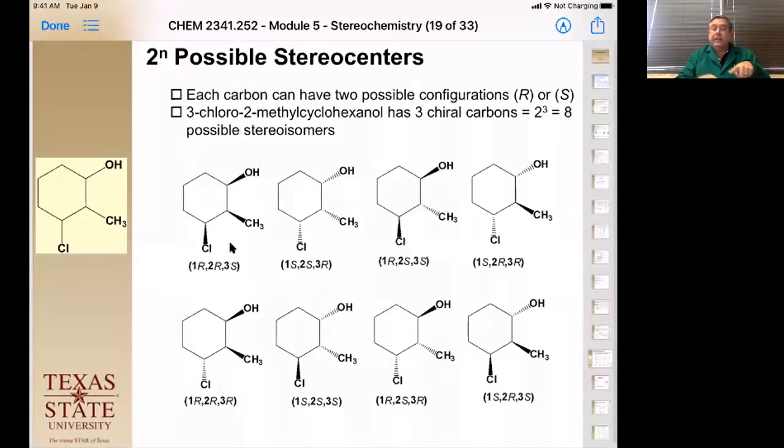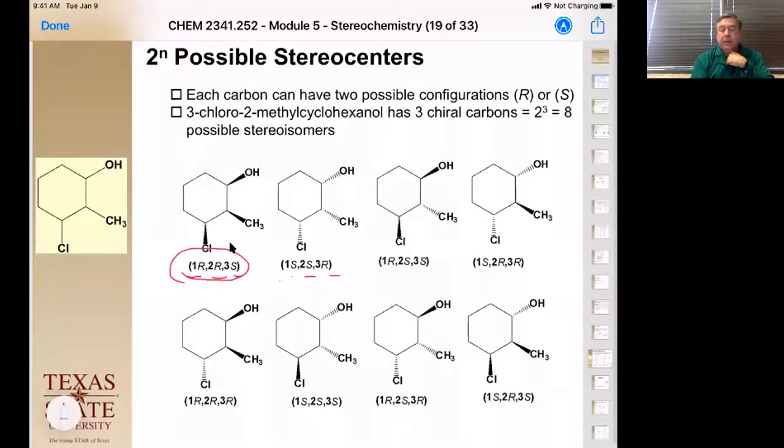In this case, it's drawn unsymmetrically, so we probably don't have any mirror planes in them. But notice that when we start to assign these, we're going to end up with all the possible configurations, with an RRS, SSR.